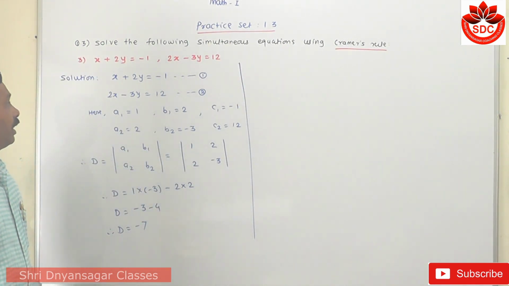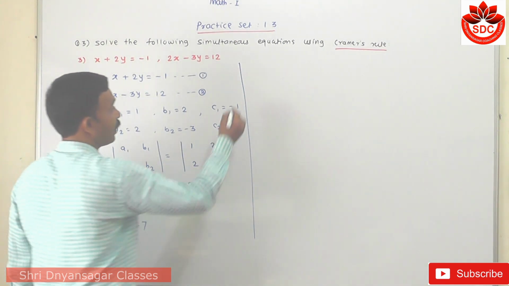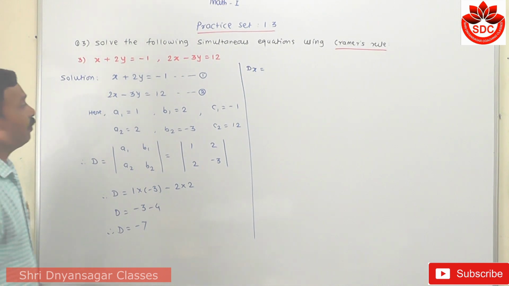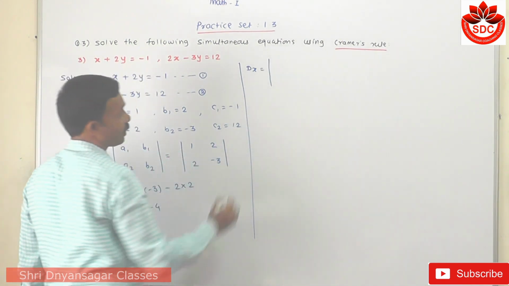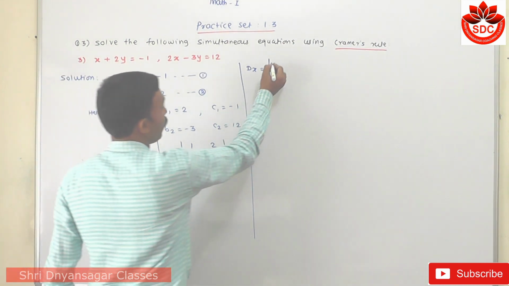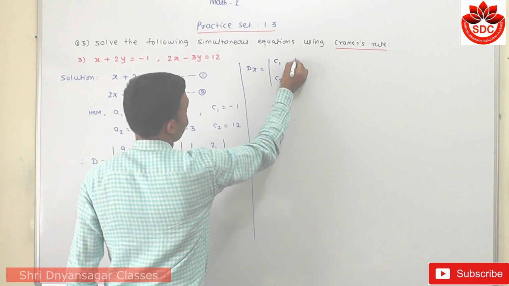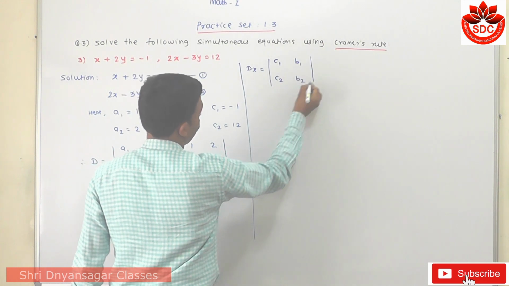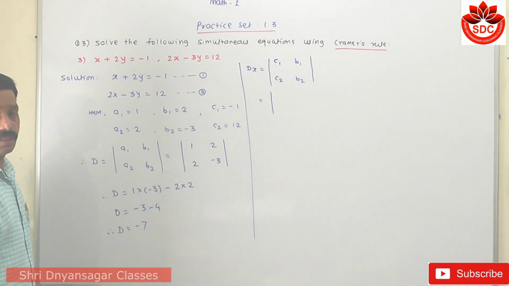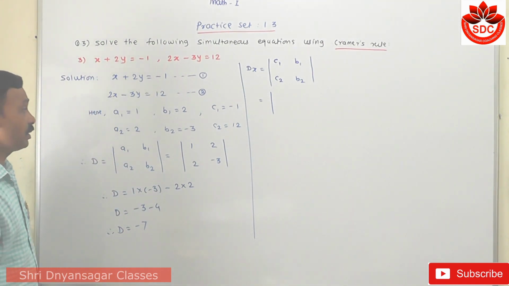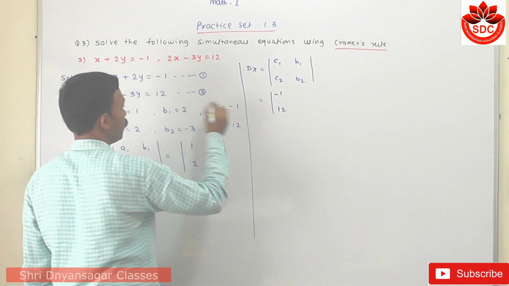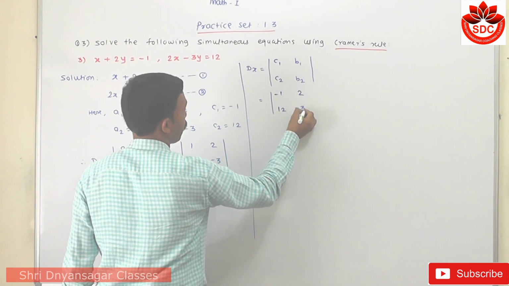Then we can find out the value of the determinant of x. That means Dx is equal to. Now for solving Dx, we have to replace a1, a2 by the constant terms, that means c1, c2. So I have to write here c1, c2, b1, b2. Then the cross products of c1, b2 and b1, c2. I have to substitute the values of c1, c2 as minus 1, 12, and b1, b2 as 2, minus 3.